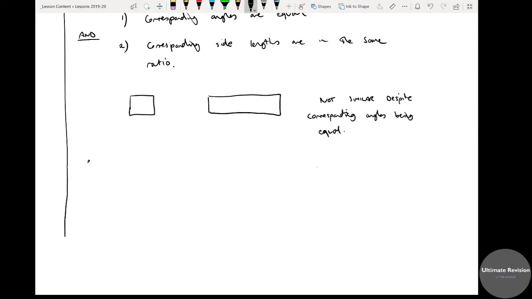Right, we're going to go straight in. I've got 3 examples to have a look at today. Example 1, we've got some triangles, and they are similar.